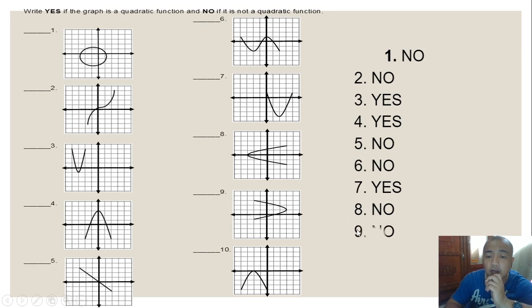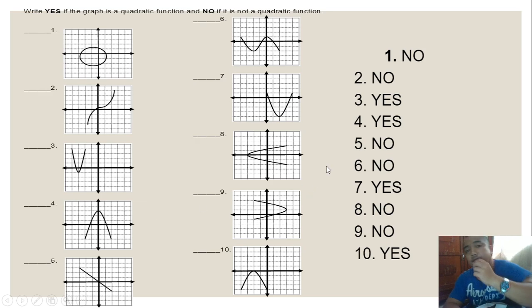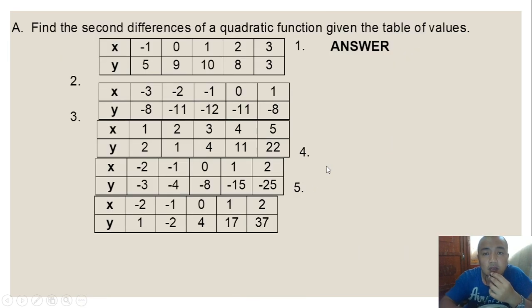Also with number 9, no. Okay, a parabola that opens to the left or right cannot be considered a function because it does not pass the vertical line test. Only a parabola that opens upward and downward can be considered a quadratic function, like in numbers 10, 7, 3, 4.